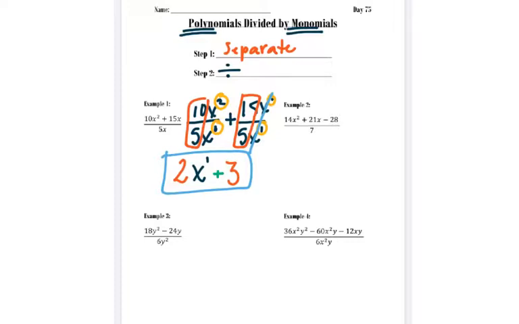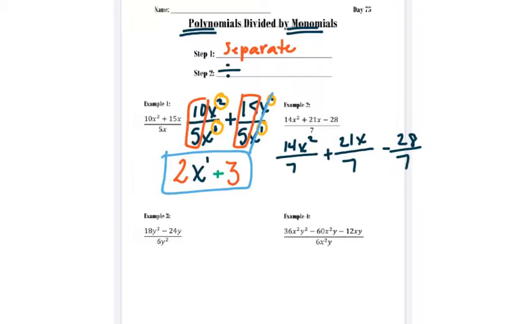So let's try that same thing in example 2. 14x squared gets that 7. 21x gets the 7. 28 gets the 7. So step one, we separate. We give each term the denominator.